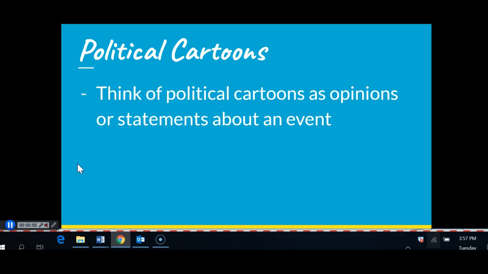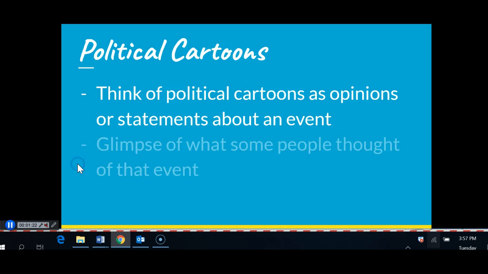The cartoonists themselves, not only are they an artist, but they're an artist that is trying to get a message out there. They have a certain mindset, they have an opinion about something that is going on in the time period that they live in. And their cartoon is a way to spread their message about that certain thing.